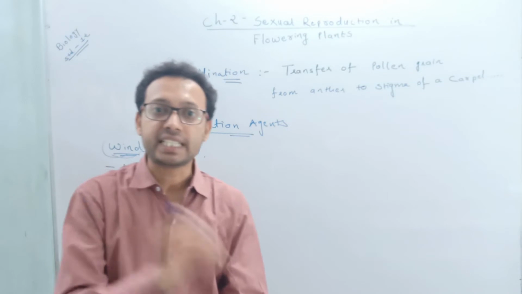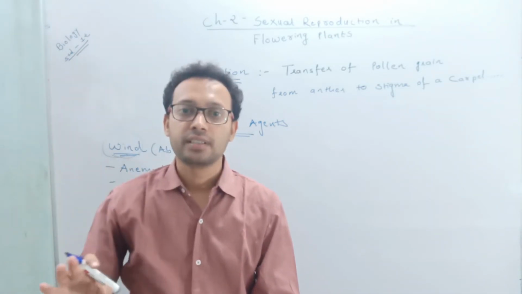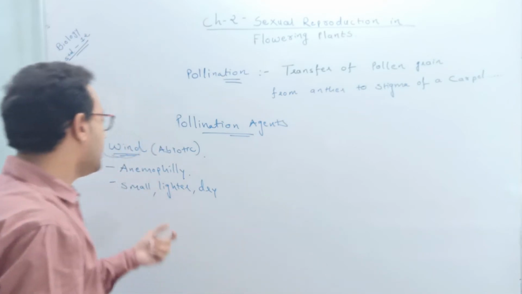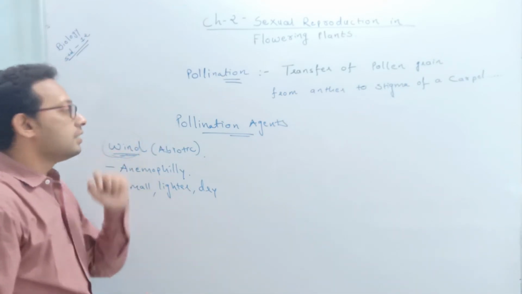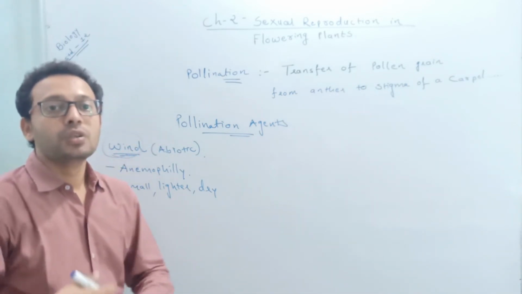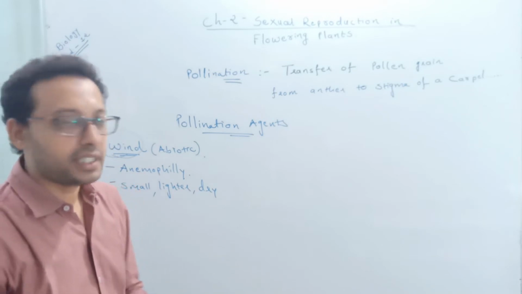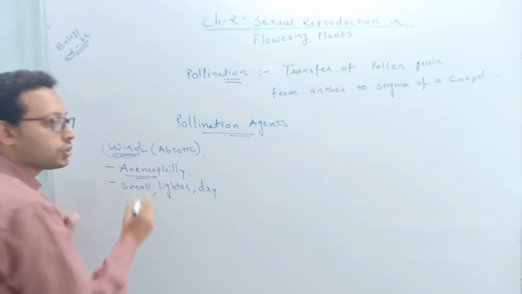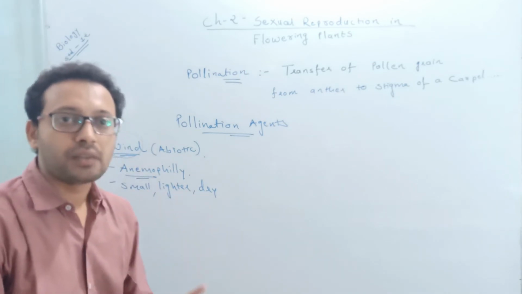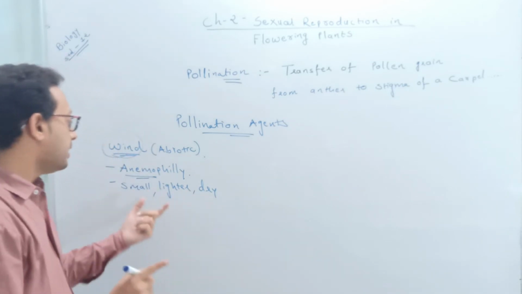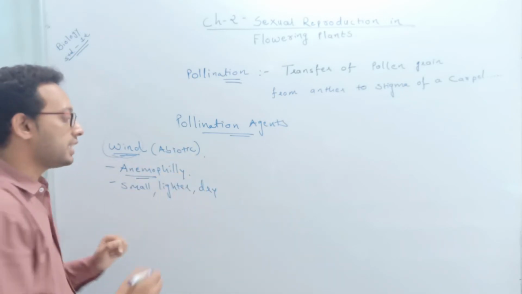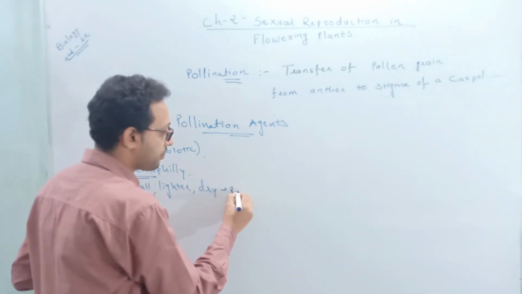Non-sticky, because if it is sticky, it sticks somewhere and the wind cannot carry it. So those plants that pollinate by anemophily have small, lighter, dry and non-sticky pollen grains.